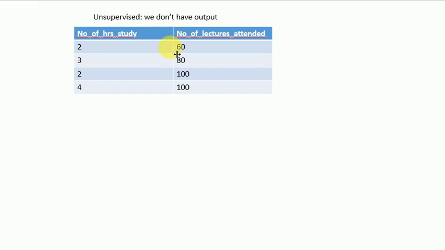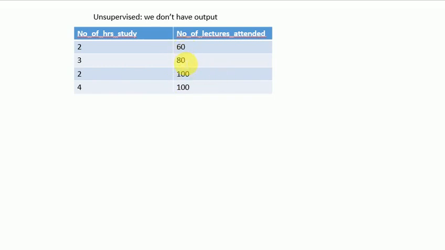So what I will do is, I will try to check whatever data points I have, and check some relationship between them. Let's say I have 2 60, 3 80, 2 00, 4 00. I'll try to calculate how I can group these elements.